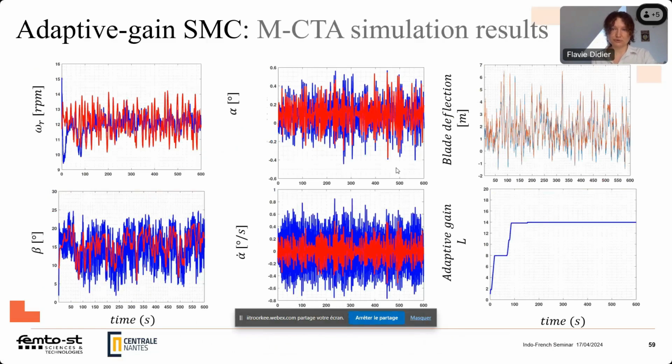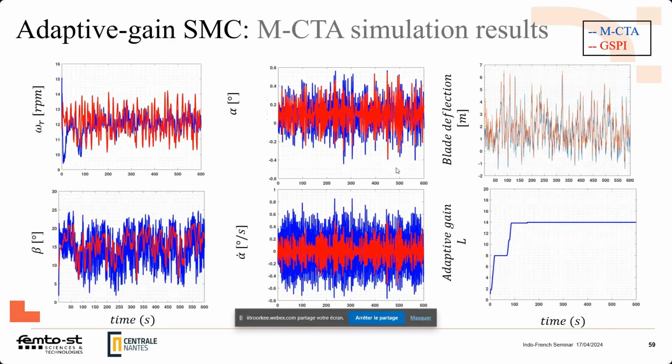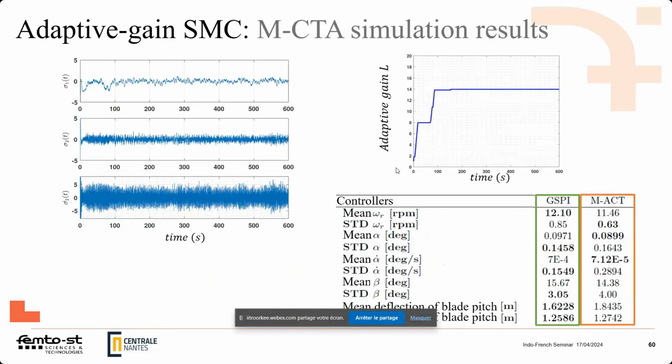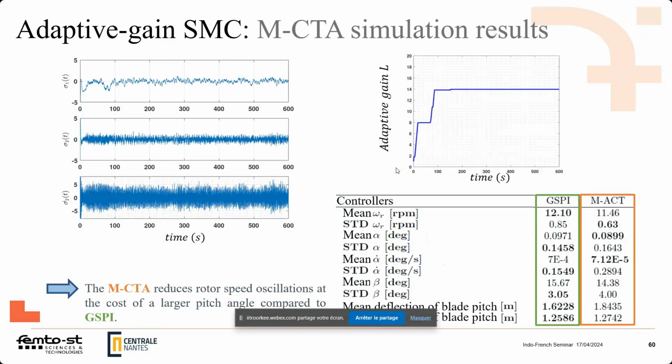For the simulation results, still on the same wind and wave scenario, we can see that even if Moreno's continuous twisting algorithm is able to track the rated rotor speed, the oscillations are more important, especially for the platform pitch angle and velocity, alpha and alpha dot. So it's not always better than the GSPI. So yeah, the MCTA reduced rotor speed oscillation at the cost of a larger pitch angle compared to the GSPI.